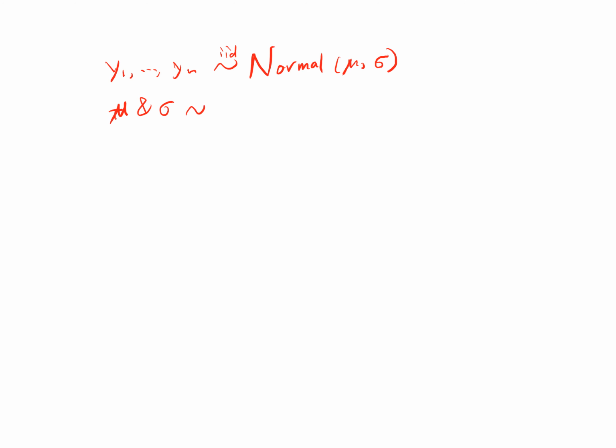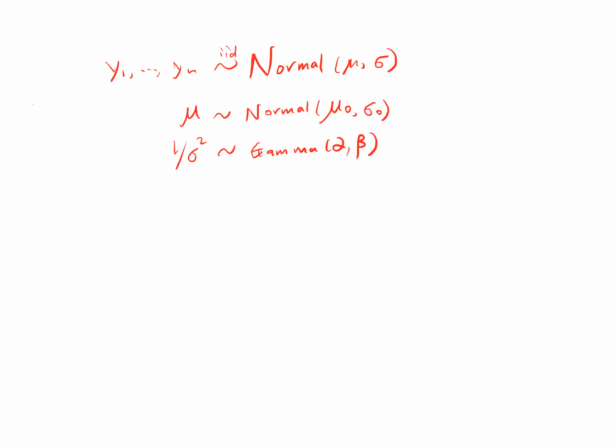So let me actually write it, that would be easier. We give mu a normal prior, mu 0 and sigma 0. And we give 1 over sigma squared a gamma prior, alpha and beta.